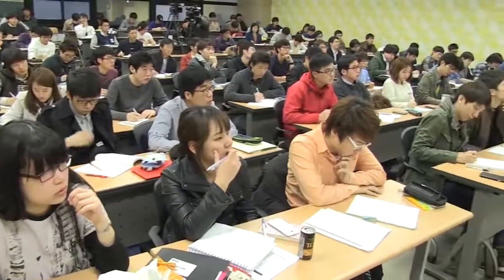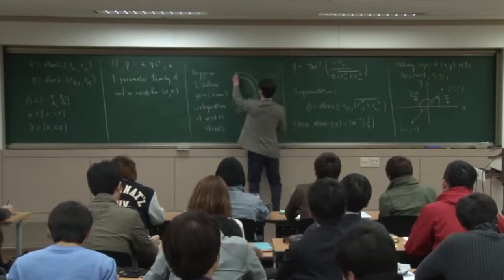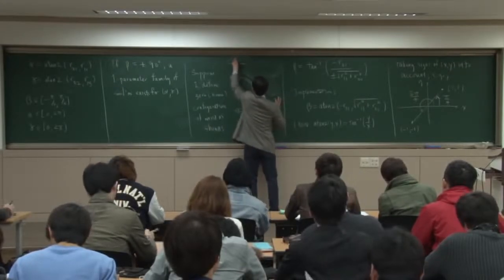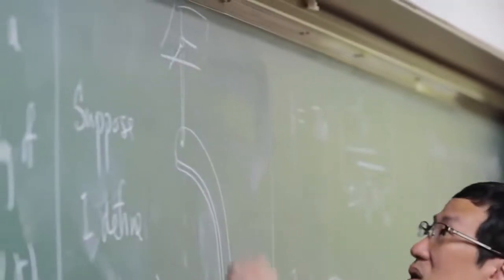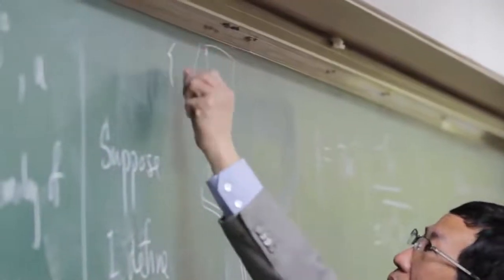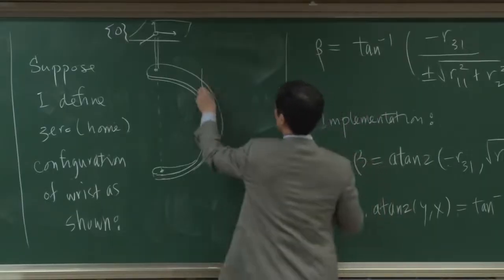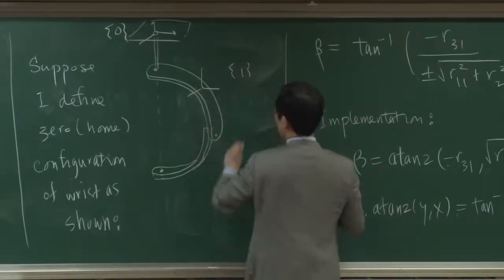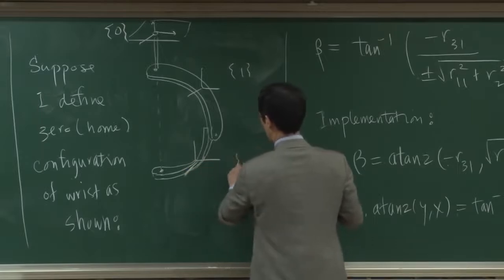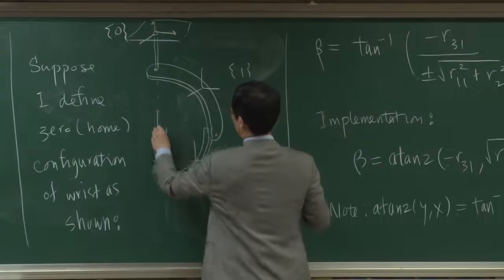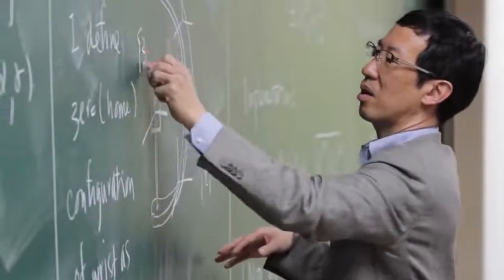So you do that. You can do the same game again. You draw the 0 frame up here, draw link frames here, link 2 frame here, and then the end effector will be here, link 3 frame here.